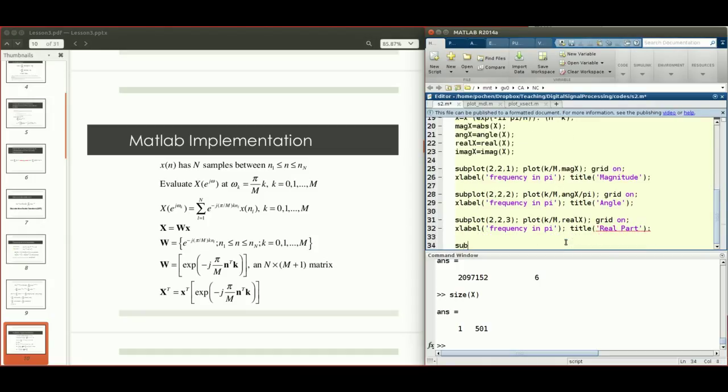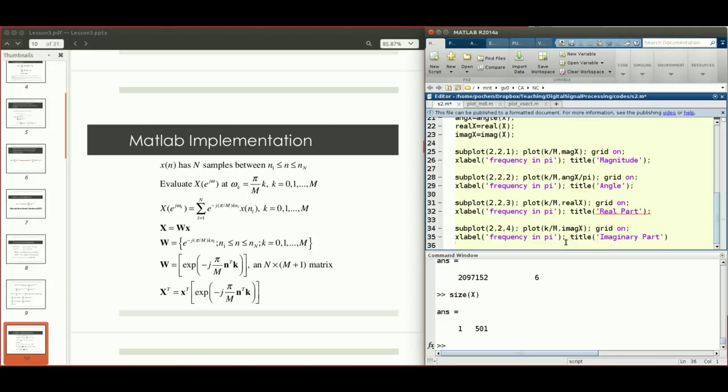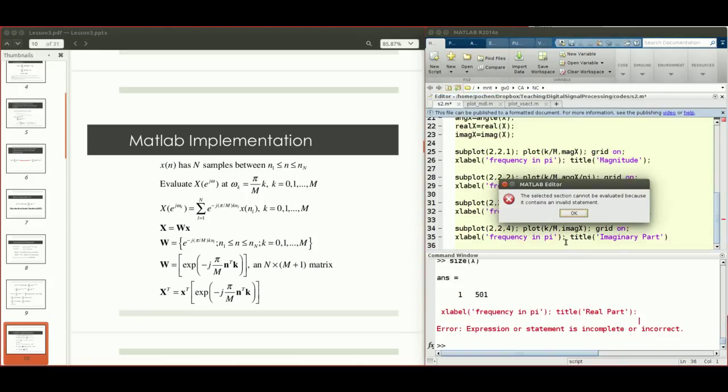And then subplot 2,4, and the title is imaginary part, right? Let's just give it a try and see what we are going to get.